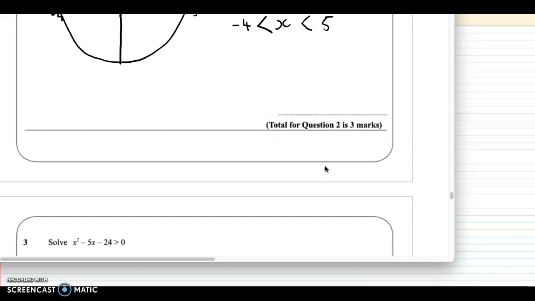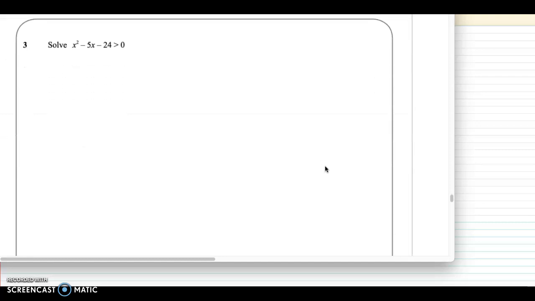We'll do one more. Question 3. Solve x squared minus 5x minus 24 is greater than 0. So we get our brackets, our x is in. What do we multiply together to make minus 24 and add to make minus 5?